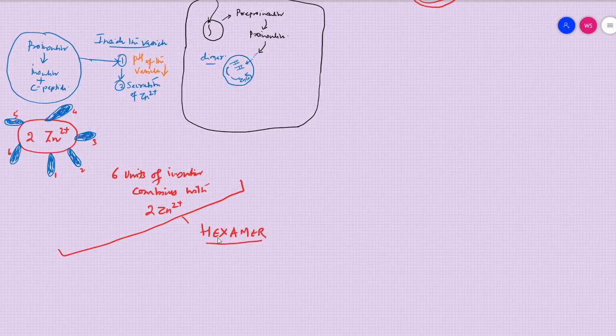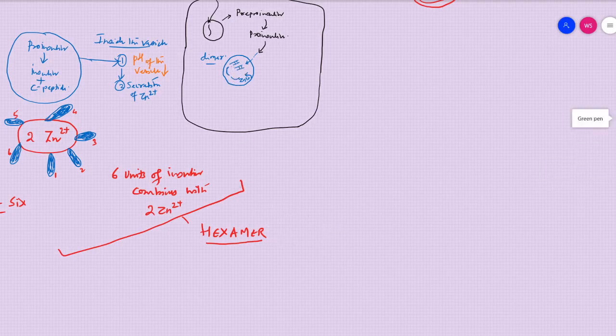So the insulin forms a hexamer. Why hex? Hex means 6. So now there are 6 units. That forms in the vesicle. Okay, we are talking about a hexamer forming inside the vesicle.